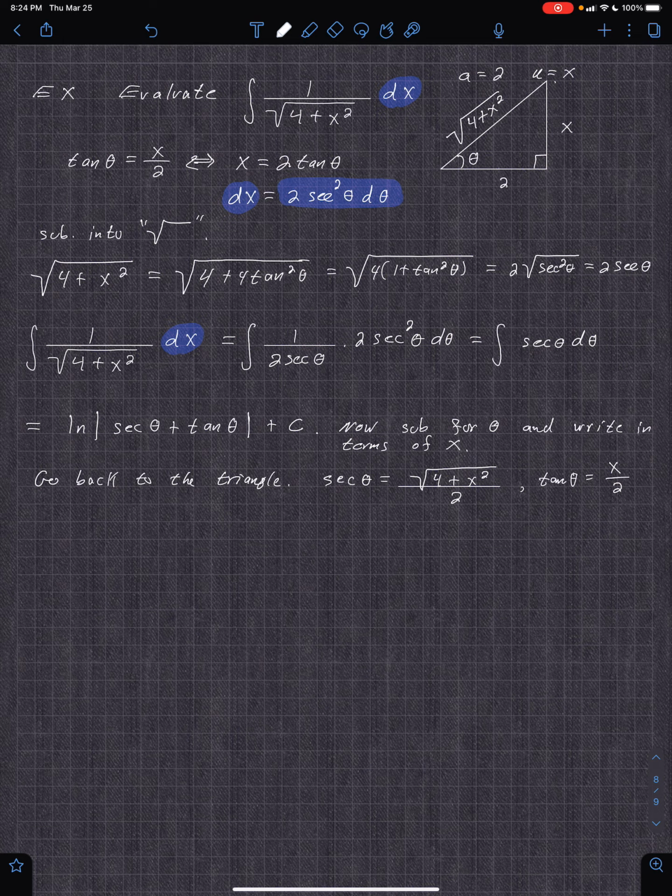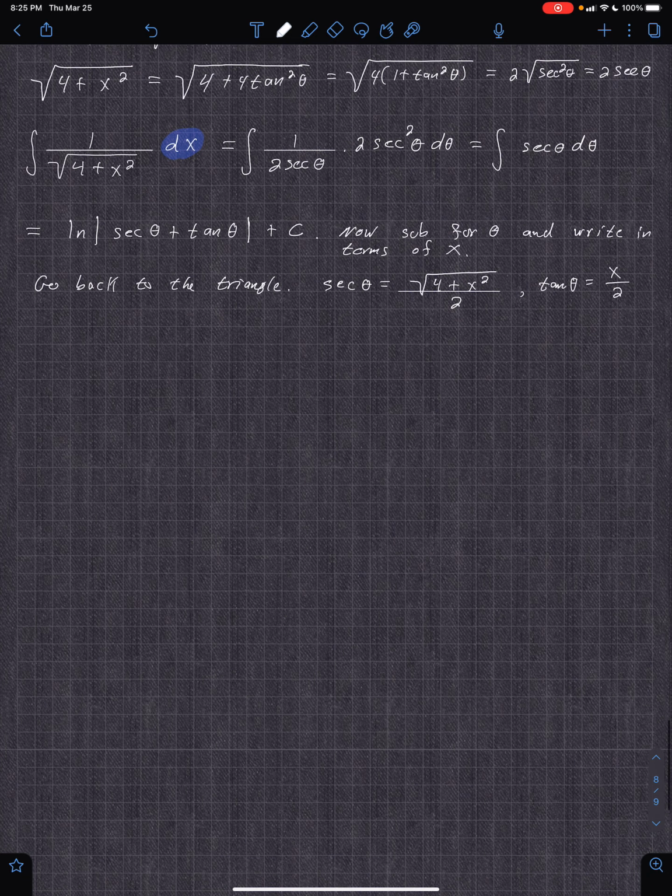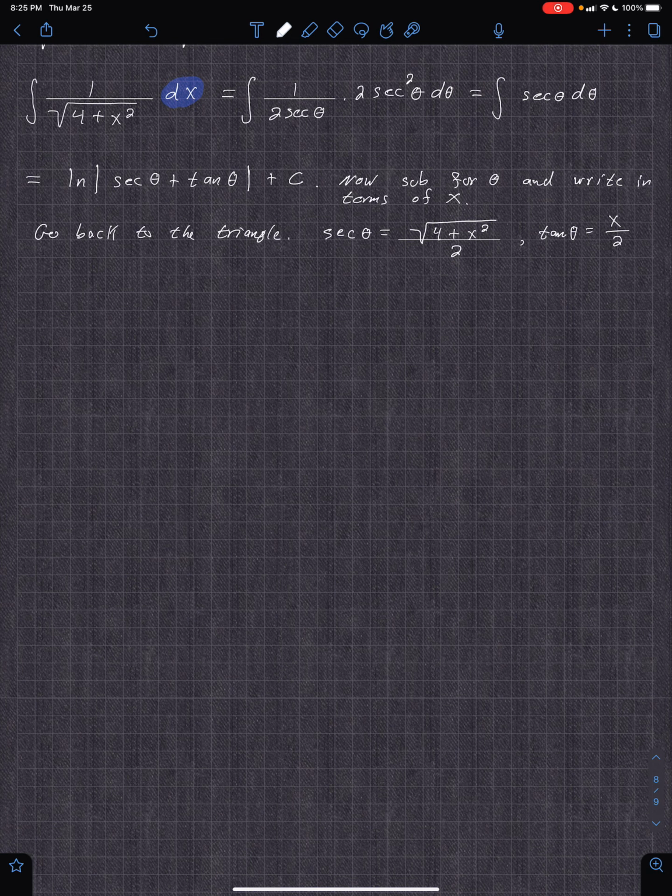Okay, so now I can substitute in, and I'll just bring this down. That equals the natural log of the absolute value of secant, which is the square root of 4 plus x squared over 2, plus x over 2, plus c.